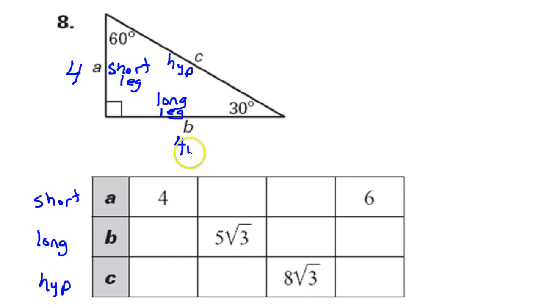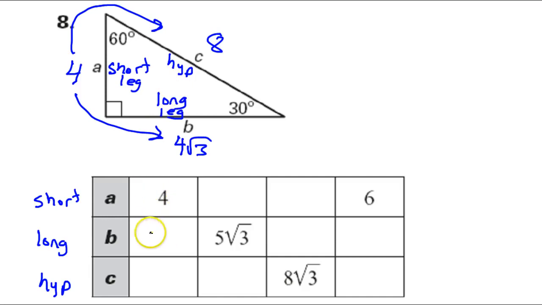So that would make this 4 radical 3. And if you double it, we'll get the hypotenuse. So if the short leg is 4, the long leg will be 4 radical 3, and the hypotenuse will be 8. Okay? Both of these are coming from the short leg, if you will.